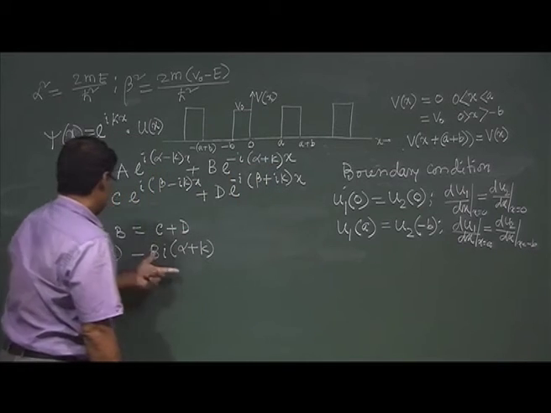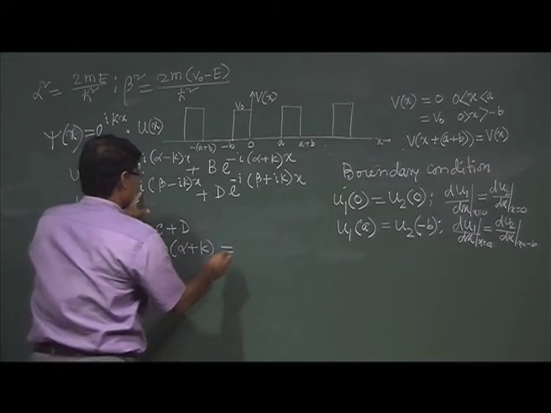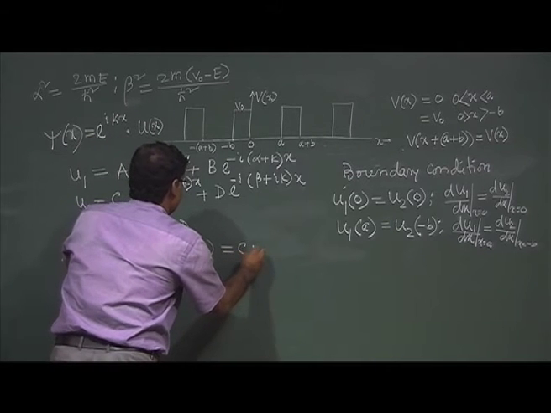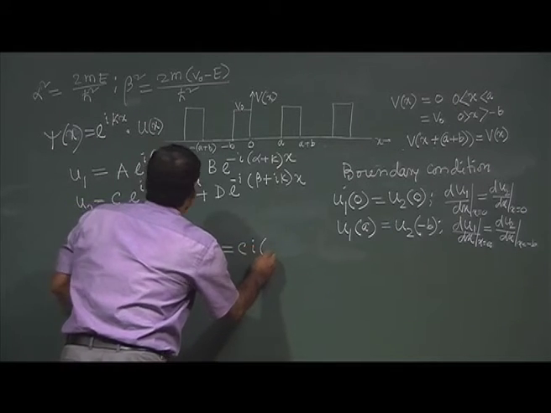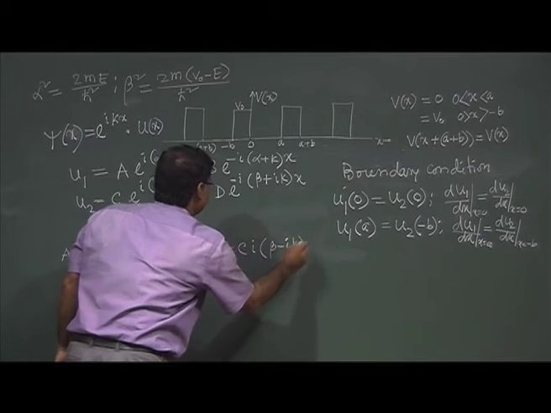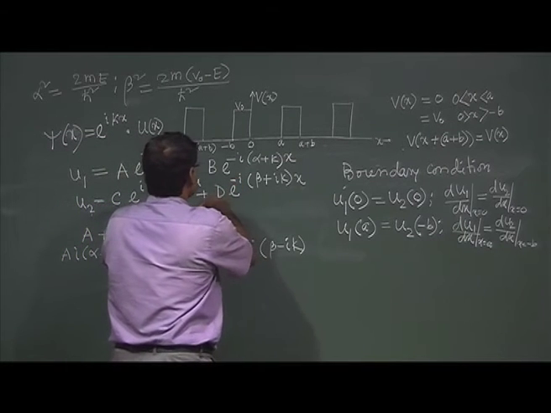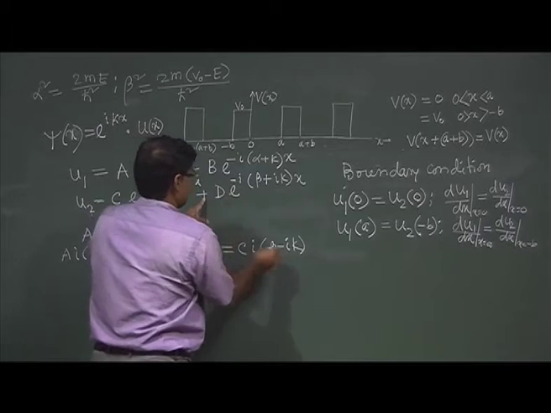So, I will get this equal to, same way, c i(beta minus i k). Here this plus, so it is minus.